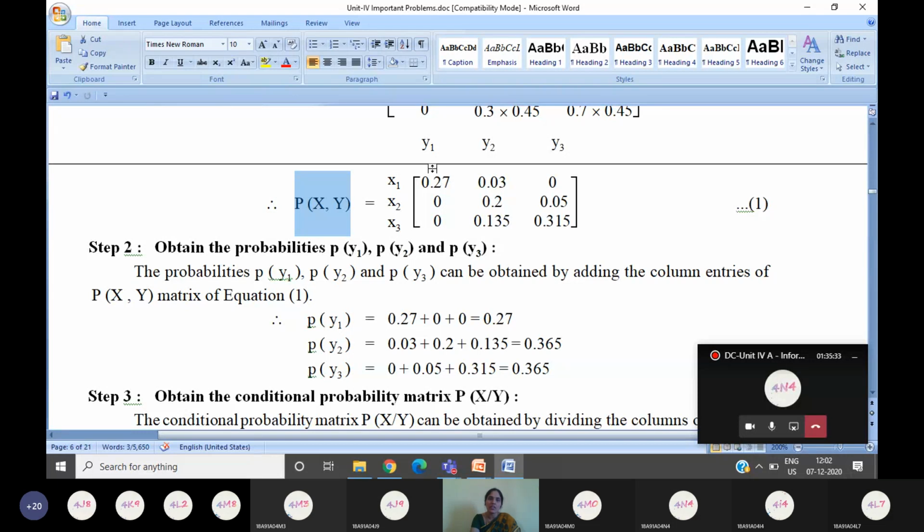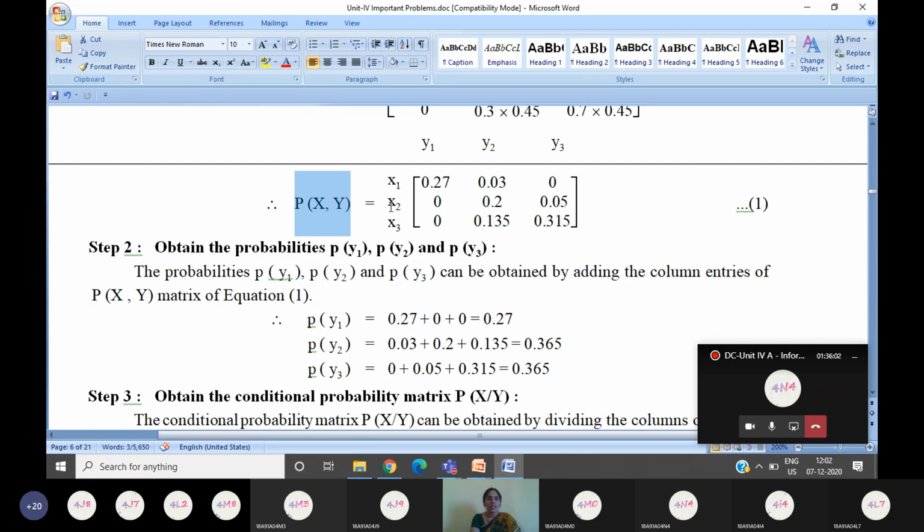అంటే ఇప్పుడు మీకు y1 కావాలి అంటే add all the elements of the first column. If you want y2, add all the elements of second column. If you want y3, add all the elements of third column. Similarly, if you want x1 element at a P of x1, if you want, add all the first row elements.